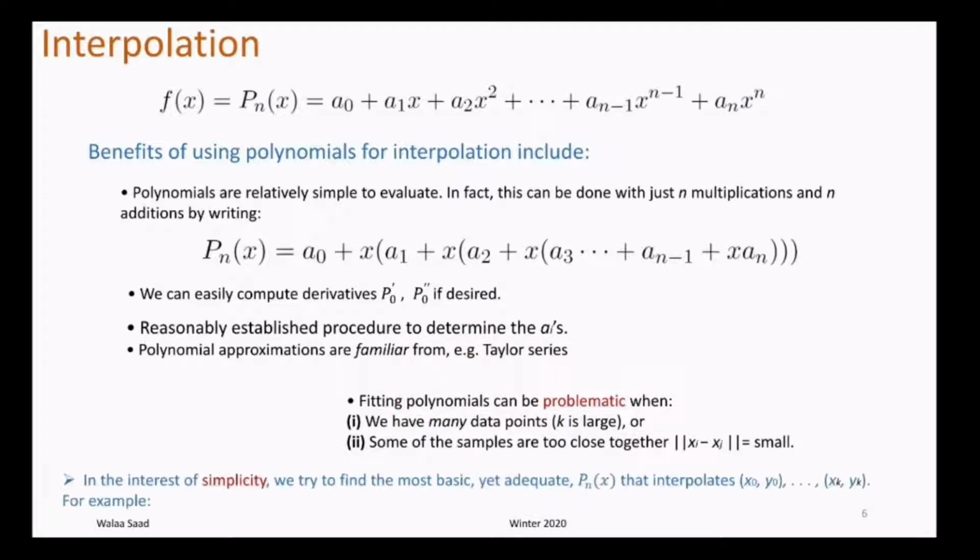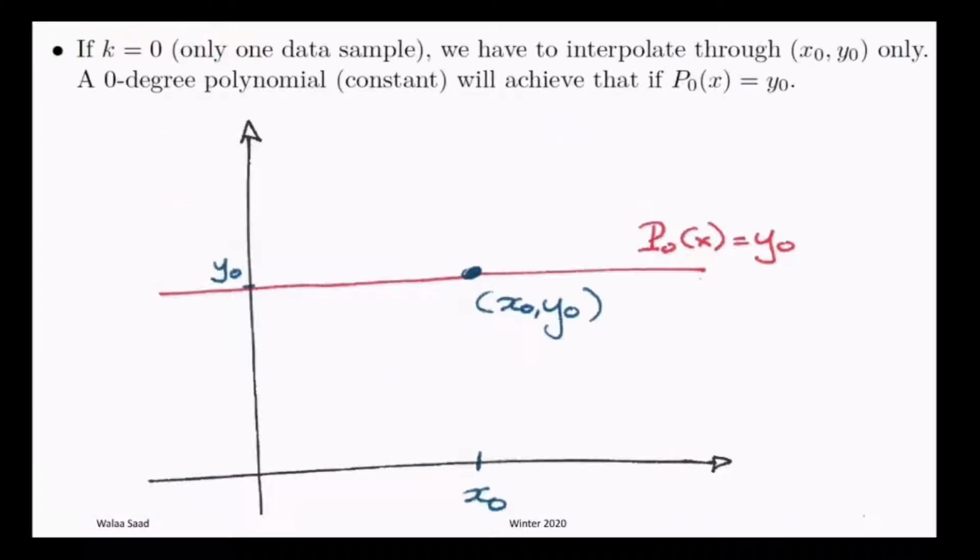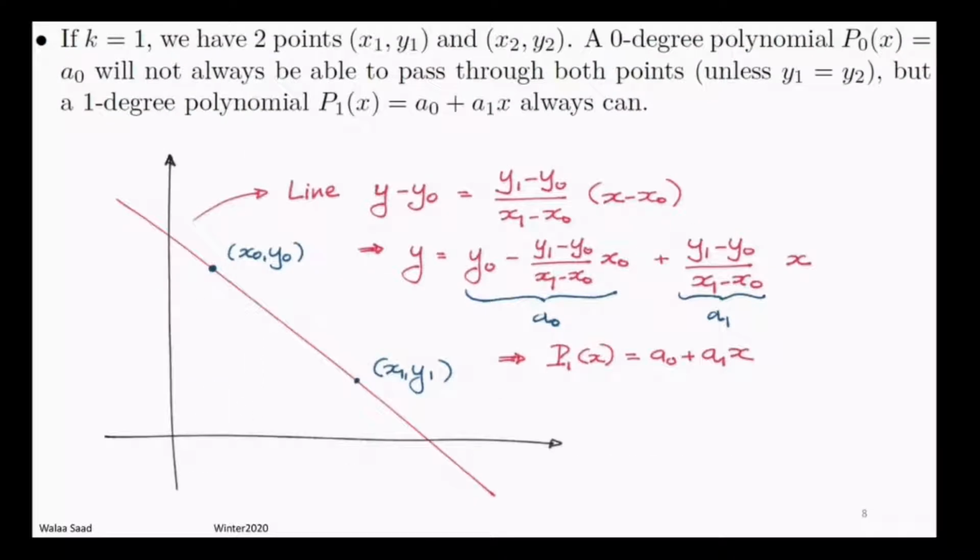For simplicity, we will be finding the most basic polynomial for a given set of data x naught y naught through xk yk. If you are given only one point, we can interpolate it into a polynomial of degree 0, which is the horizontal straight line shown. If you are given 2 points, we can interpolate it into a polynomial of degree 1, which is a straight line.